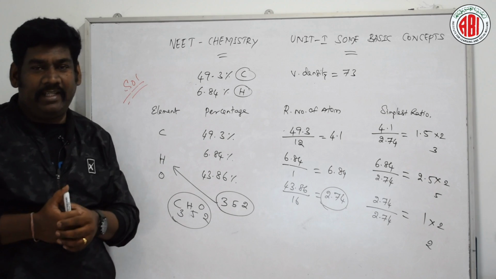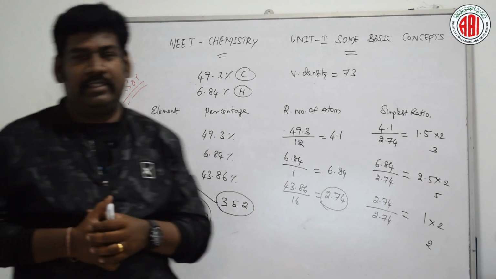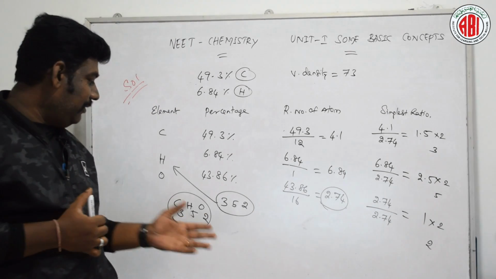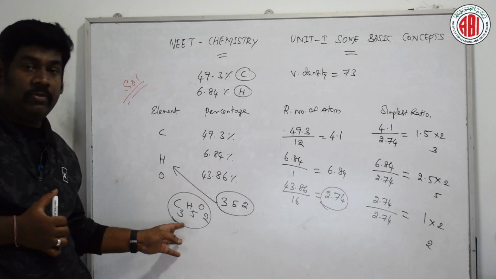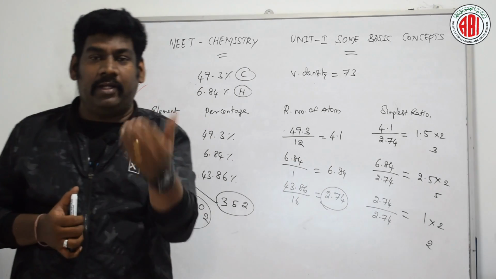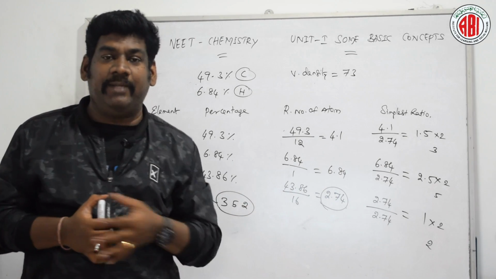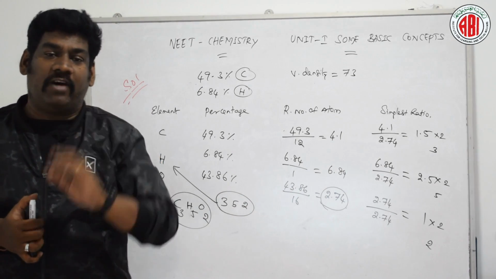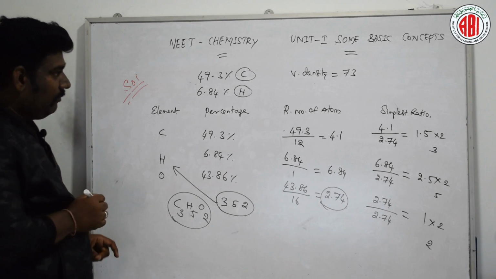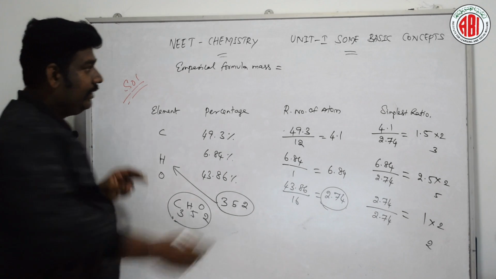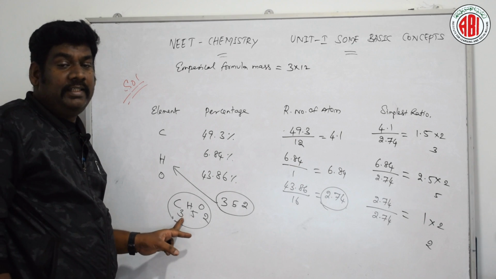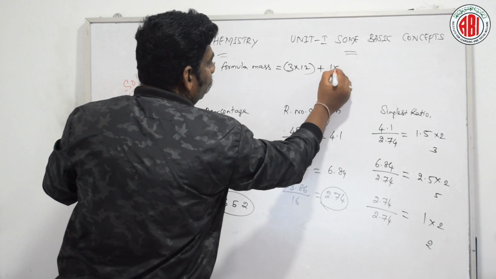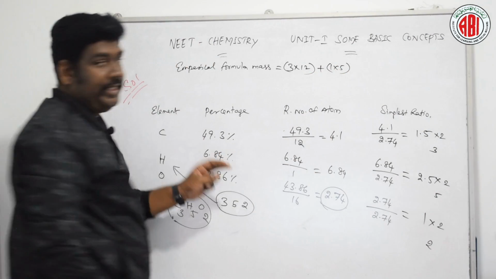Now let us find the empirical formula mass. How to find the formula mass? We have got the empirical formula, so multiplying with the atomic mass of each and every element, we will get the empirical formula mass. For carbon, that is 3, so 3 into 12. For hydrogen, that is 1 into 5, or 5 into 1.